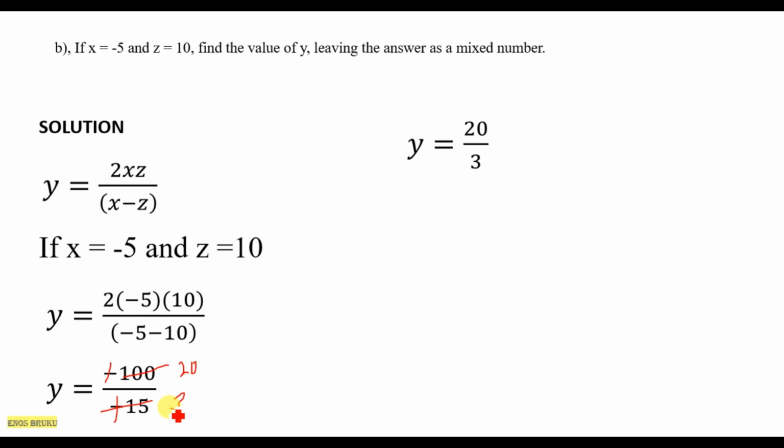To change this to a mixed fraction, we'll see how many times 3 can go into 20, and 3 will go into 20 6 times, because 3 times 6 is 18, and we are left with 2 to get to 20, so 2 over 3. So our final answer will be the whole number 6, 2 over 3.